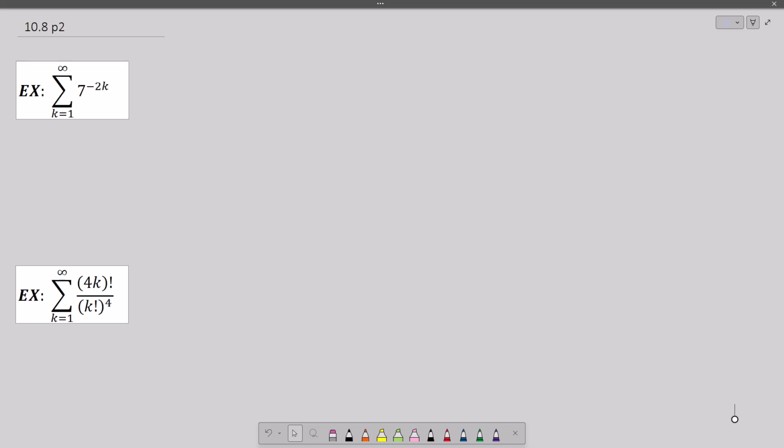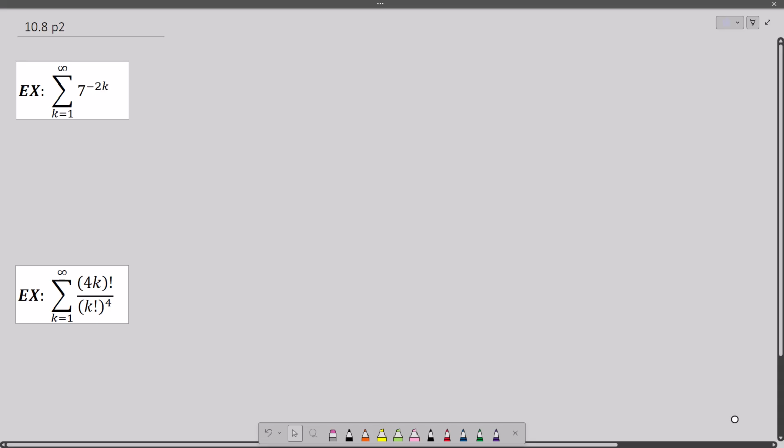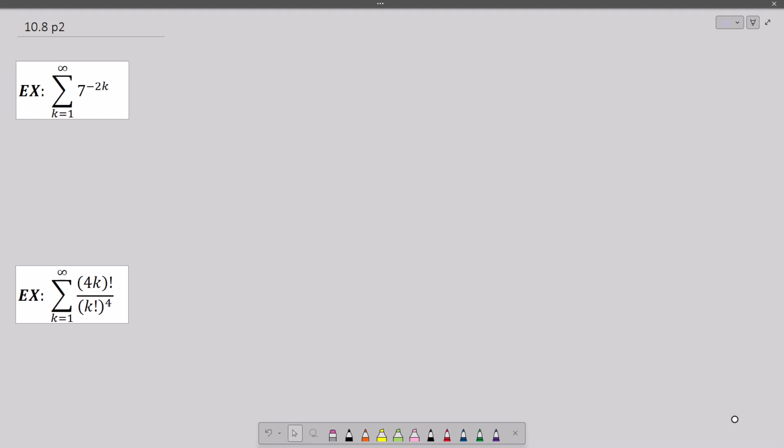That standard geometric form is usually a r to the k. The important feature of the standard geometric form is that the exponent is just k, not negative 2k or some constant times k. So the big observation we're trying to make here, once we recognize that it's a geometric series, is that we want to force that exponent to be just k.